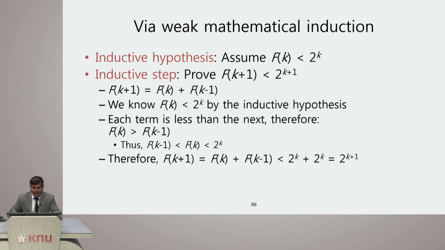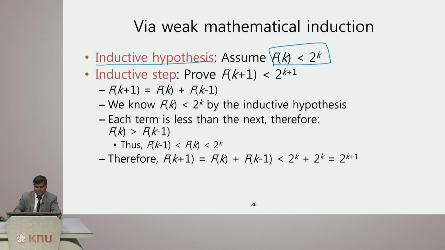So therefore, f of k plus 1 equals f of k plus f of k minus 1, less than 2 power k plus 2 power k, that equals 2 power k plus 1. So that's how it has been proven. So we have this inductive hypothesis, in which we have to prove it for a particular value k.